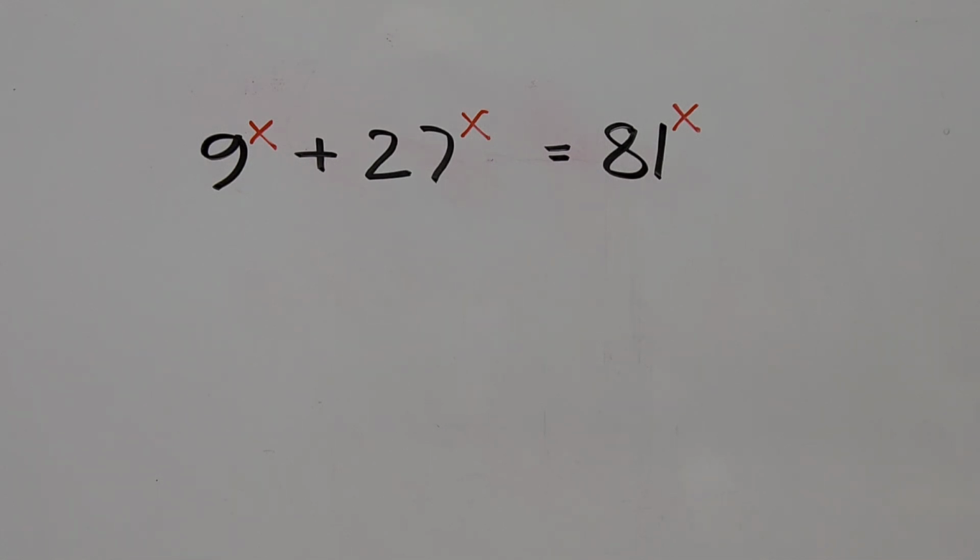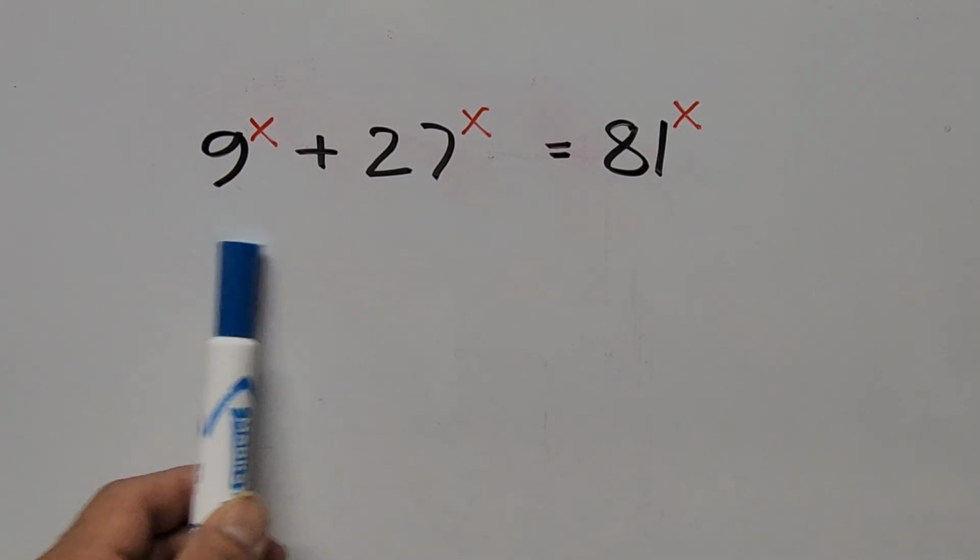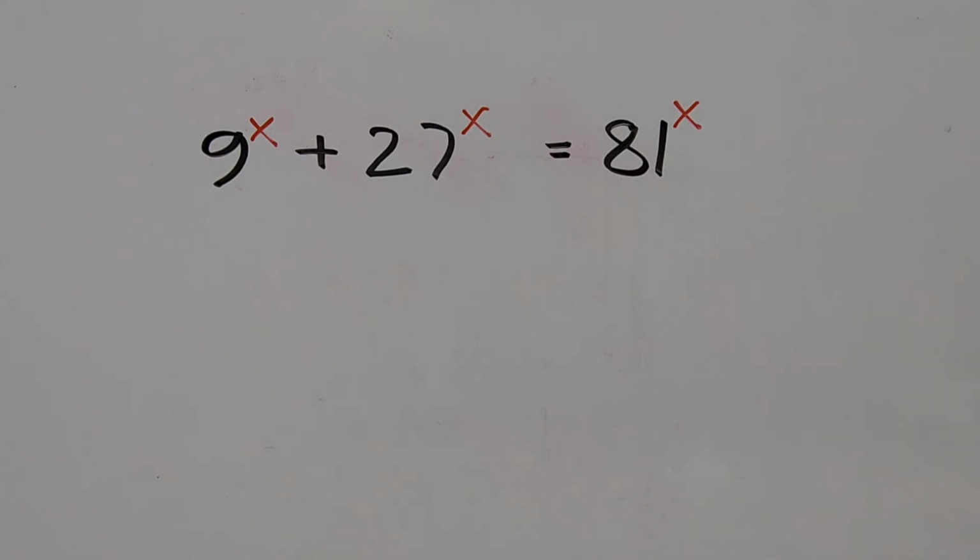But first is by using the logarithm, but I don't think logarithm can be used in this equation. It's because if we equate the log on both sides of the equation, this left hand side will be a complex one and there's no way to solve with the logarithm.